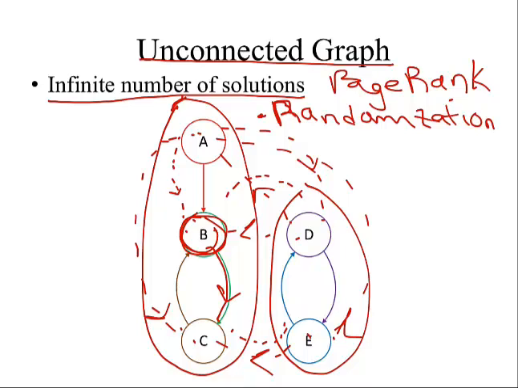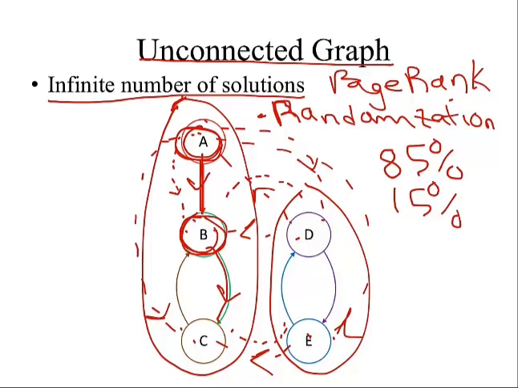With PageRank, we actually have to weight how much we're going to do that, how much we're going to randomly surf as opposed to how much we're going to follow the web graph itself. Google actually sets in its algorithm the PageRank randomization component to be 85%, which means that 85% of the time the random surfer is going to follow the graph itself in traversing the nodes, but then 15% of the time he's going to be just entering a random URL into the browser.